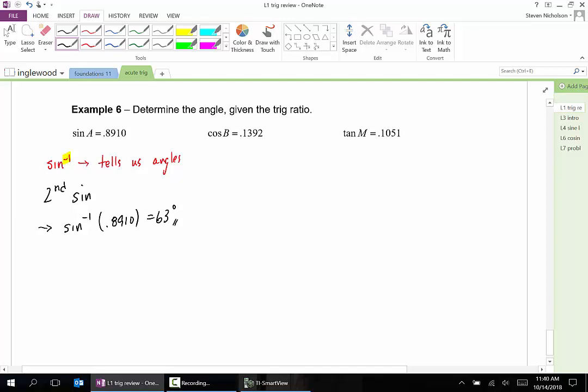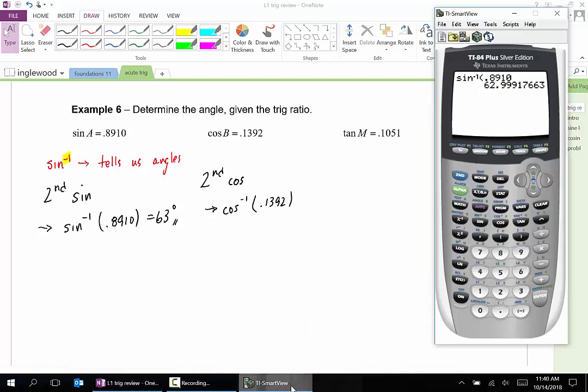Similarly, if the cosine of an angle is equal to 0.1932, in order to figure out that angle, we're just going to press second cos. As soon as we press second cos, our calculator gives us that button, and our calculator knows that when the person plugs in a number, it's going to figure out what the angle is.